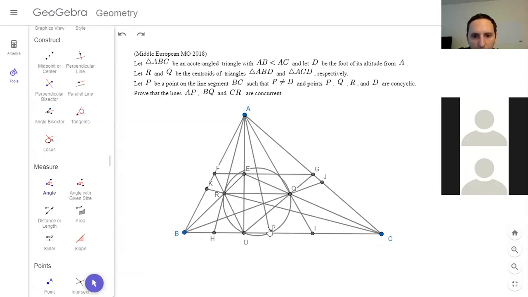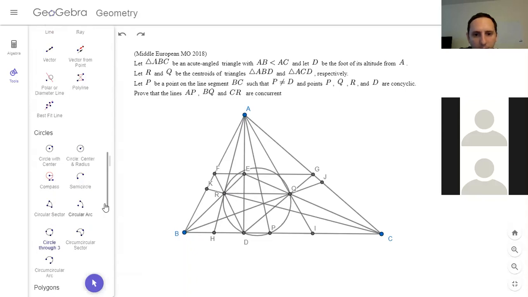So triangle PQR is congruent to DQR, and DQR, is it easy to show it's similar to ABC? So that's the same as saying that FDB is isosceles and GDC is isosceles.